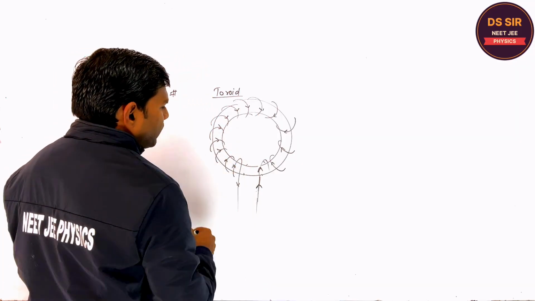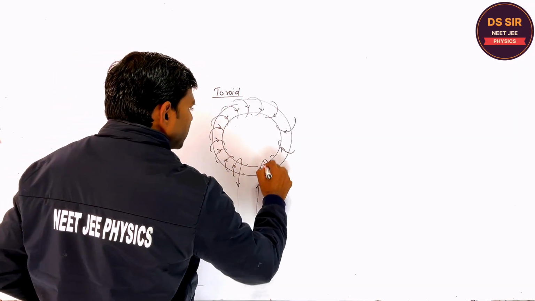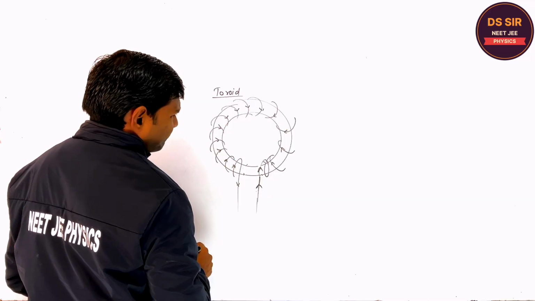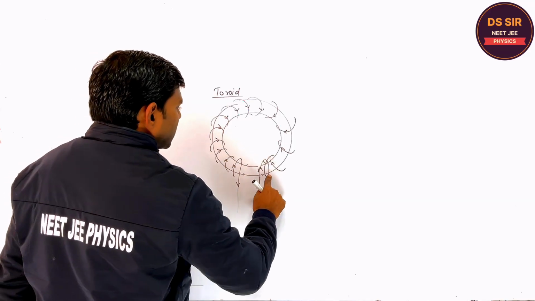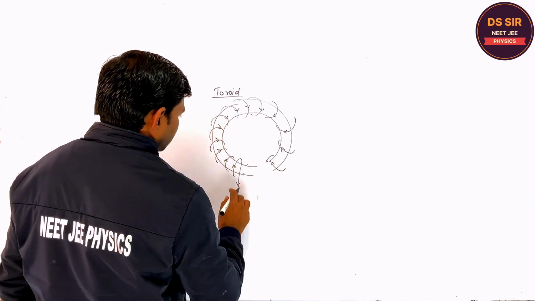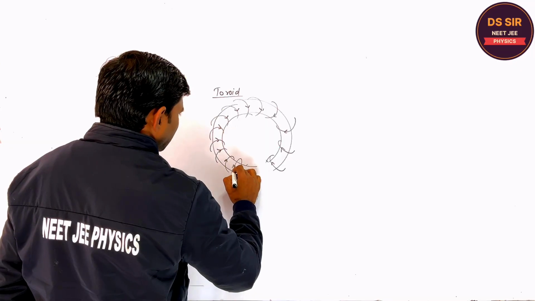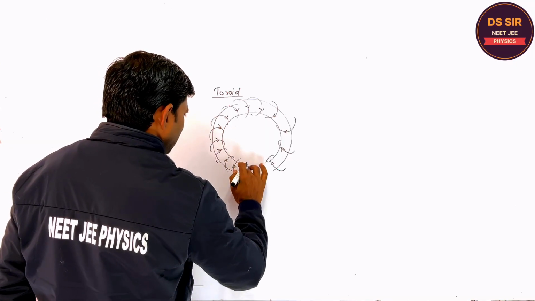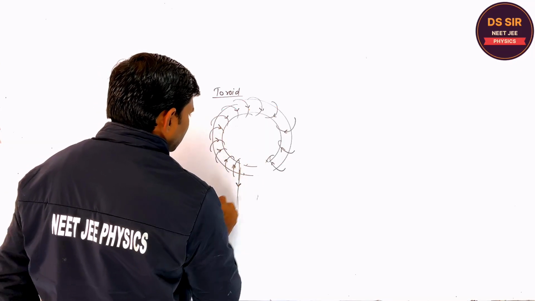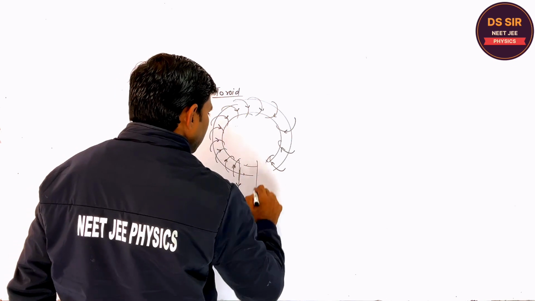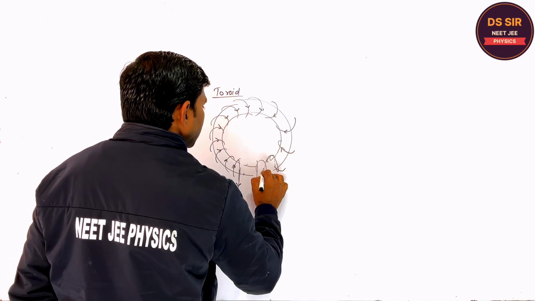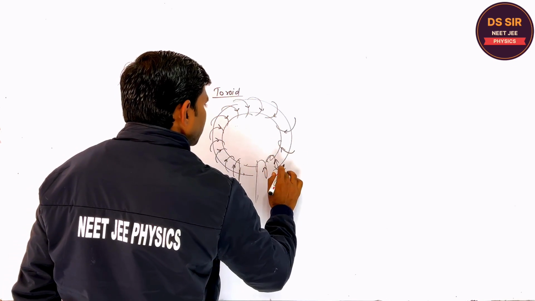So look at the figure. This is the current. The current is coming like this and it is going in this way. Is it clear or not, you tell? Yes.